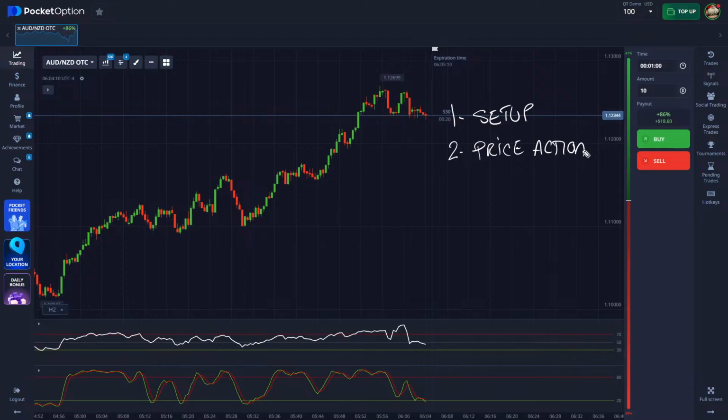Is price action moving according to your setup or against your setup? For example, if I have a doji, but I'm in an uptrend or downtrend, price action is not moving according to my setup. Because we all know that with the doji, we want to take a breakout when it's in a range, not in a trend.